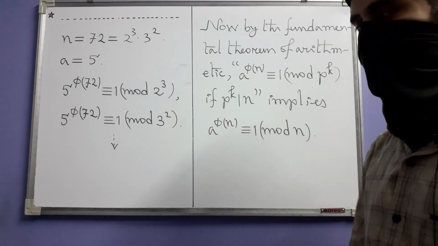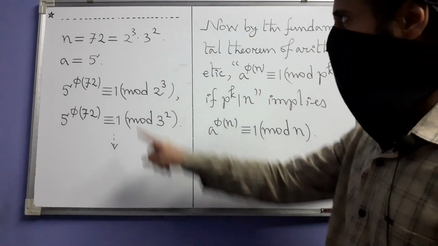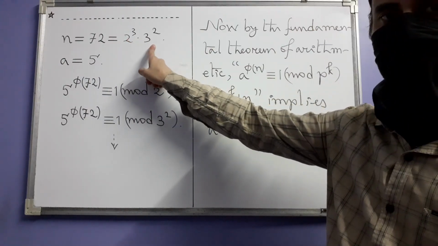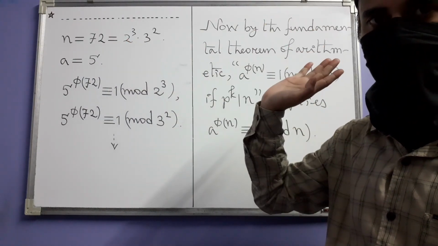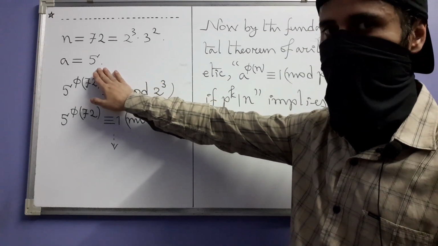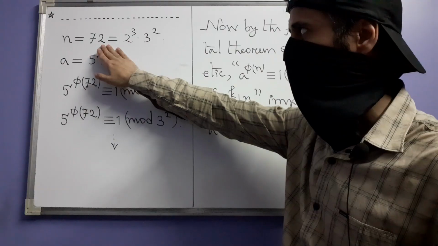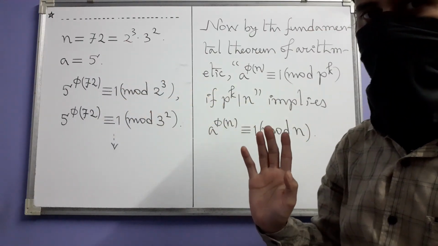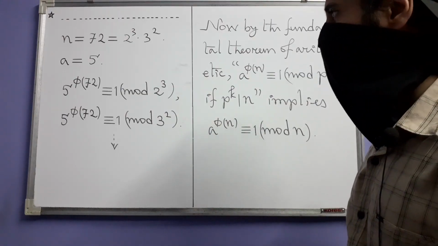So let's look at a concrete example. Say this is my n, 72, whose prime factorization is this. That's what we get from the fundamental theorem of arithmetic. And for the integer a, I have taken 5, which obviously is relatively prime to 72, because here the primes are not the same. There is no common prime.